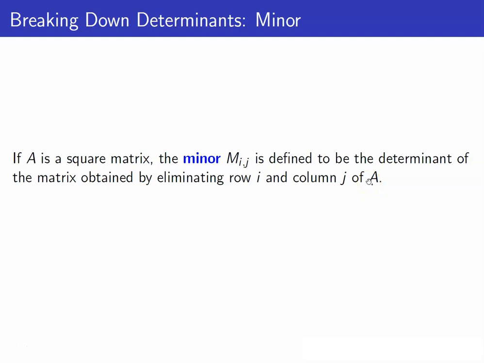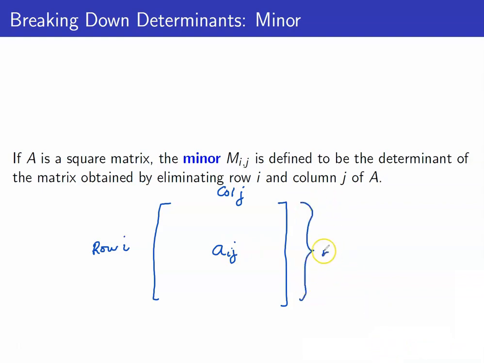Before we discuss determinants, we have to define a few terms. First, let's discuss the minor. If A is a square matrix, the minor Mij is defined to be the determinant of the matrix obtained by eliminating row i and column j of A. Hence, if you have this matrix and this is your row i and this is your column j, of course this entry over here is your Aij, and let's say that this matrix is size n by n.